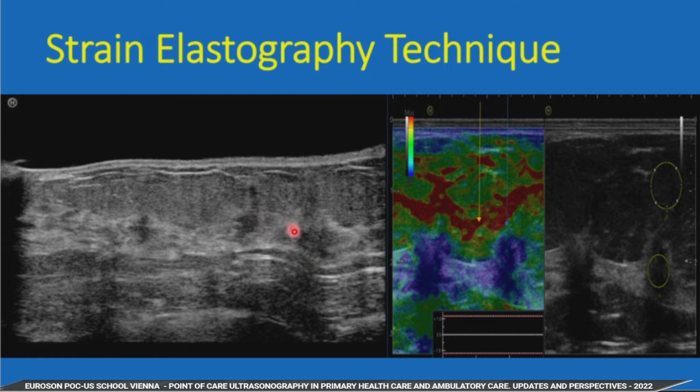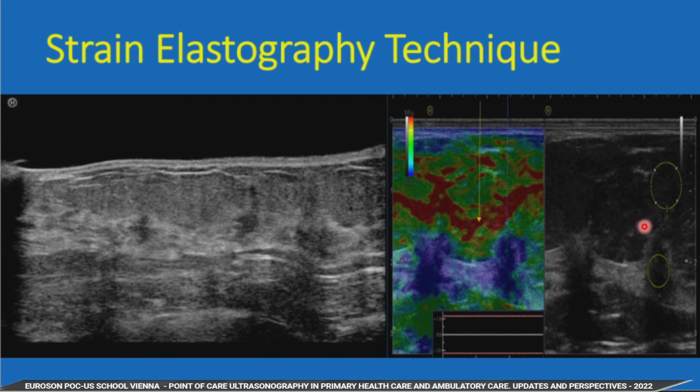Here you go to the strain elastography, and you have the characteristic blue with a light blue around. You assert score 5. It's a malignant disease. Plus, we have no time to explain, you are going to make a ratio between the subcutaneous fatty tissue and the lesion, but it really helps.